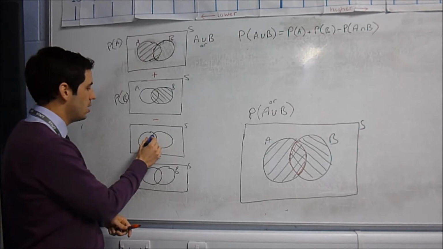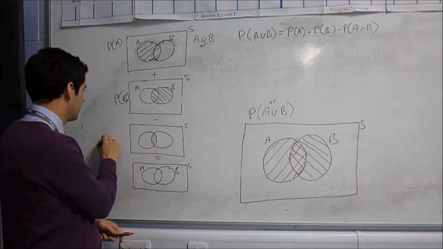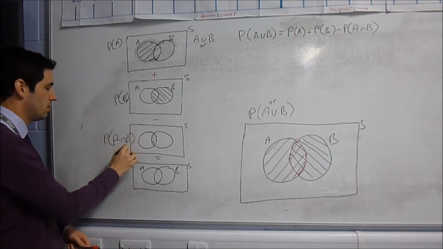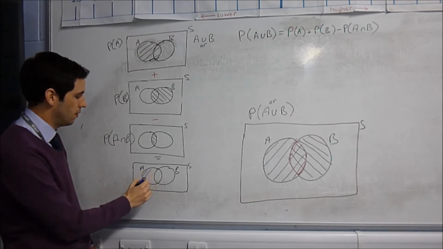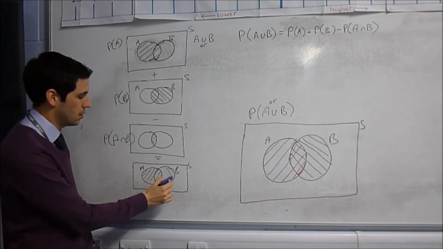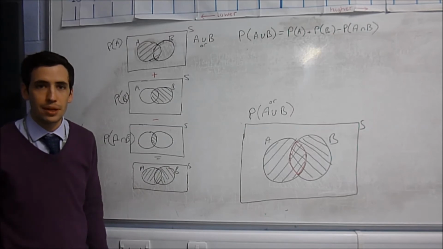So if we take away one lot of the probability of A and B, that leaves us with the probability of A or B. But now it's not overlapping.